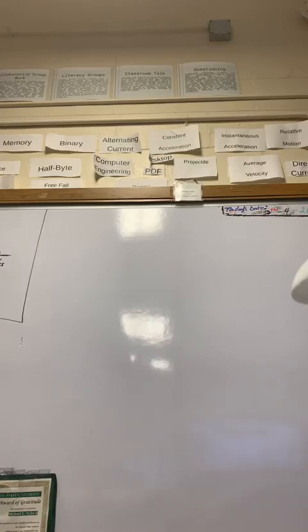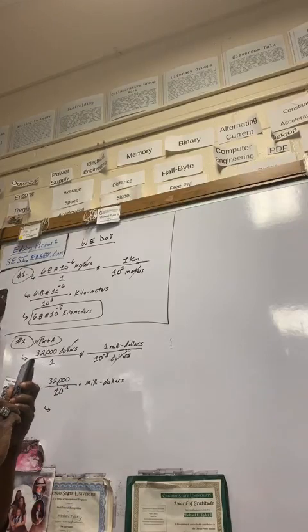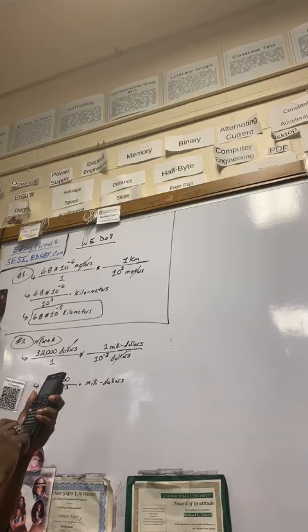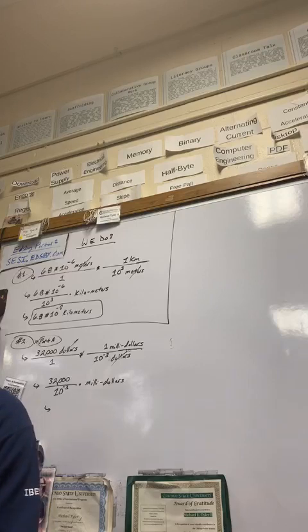Okay? So like last time, we're going to just calculate it. On the calculator, you put in a fractional form. And what you want to say is, top part is 32,000. Then you press down. 10x is how you raise something to 10 to some power. It's a negative 3. I get 3.2 E7.